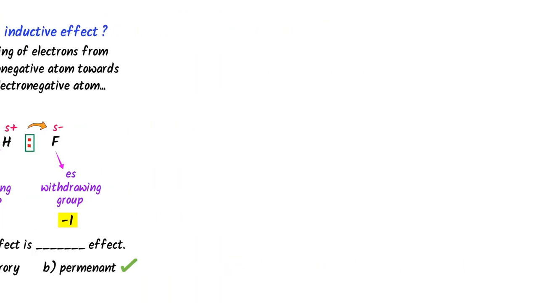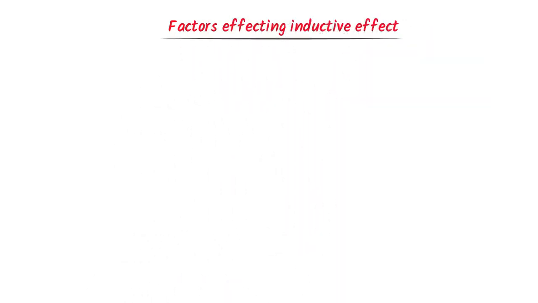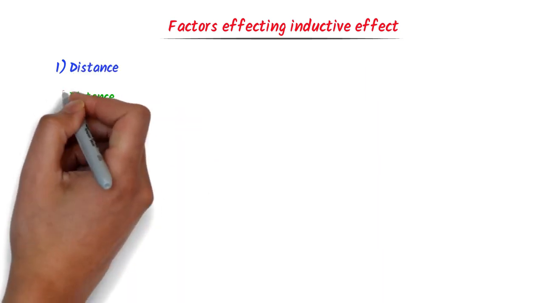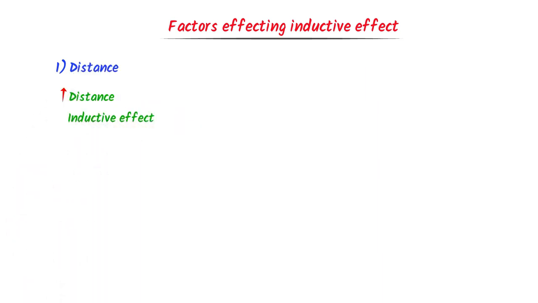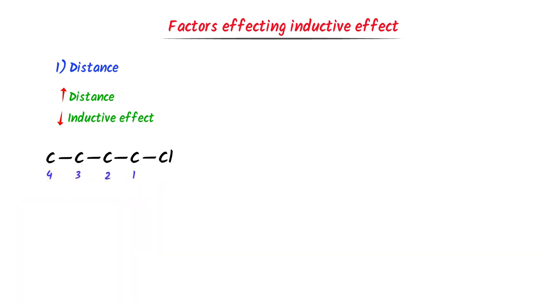Now let me teach you factors affecting inductive effect. Well, the first factor is distance. When the distance increases, inductive effect decreases. For example, consider this compound. This is the first carbon, second carbon, and fourth carbon. We know that chlorine will attract the shared pair of electrons towards itself.